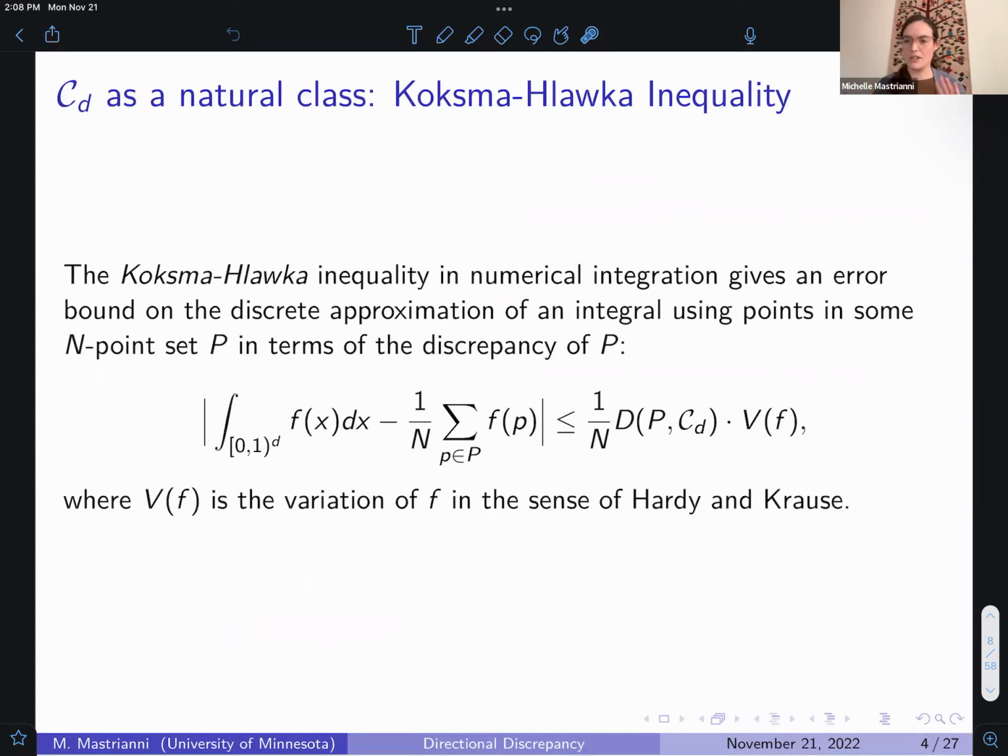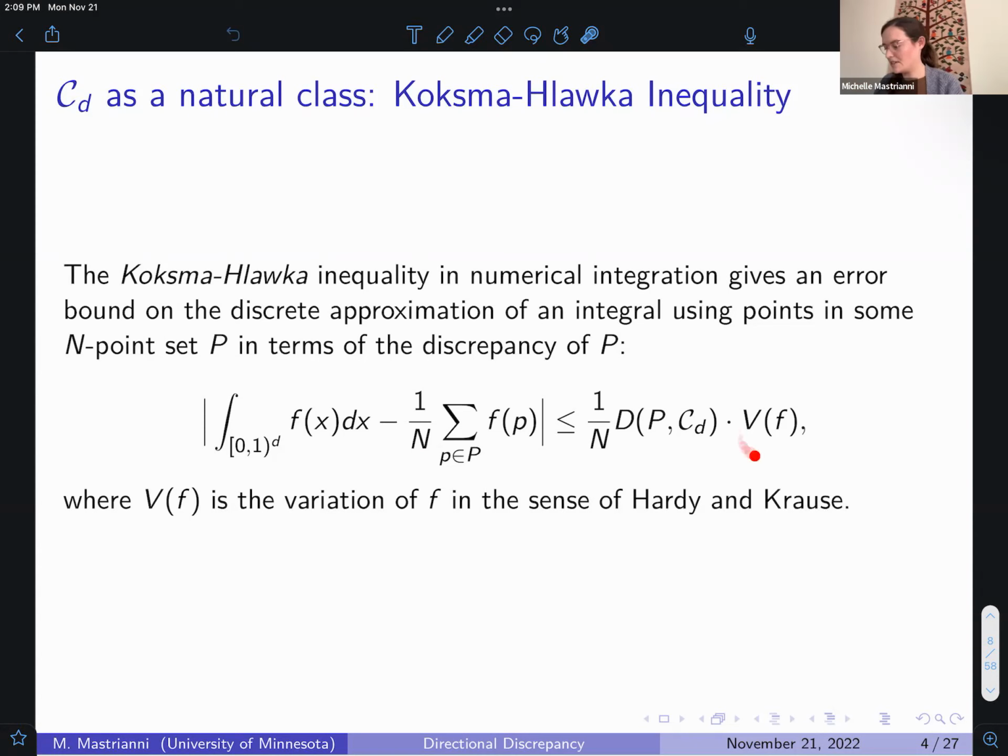So just a note on why corners, or axis parallel boxes, are particularly natural classes of sets is that you have these inequalities for numerical integration errors. One of the most well-known ones is the Koksma-Hlawka inequality, which gives an error bound on the discrete approximation of an integral using points in some point set, and that bound is in terms of the discrepancy of the point set with respect to corners.